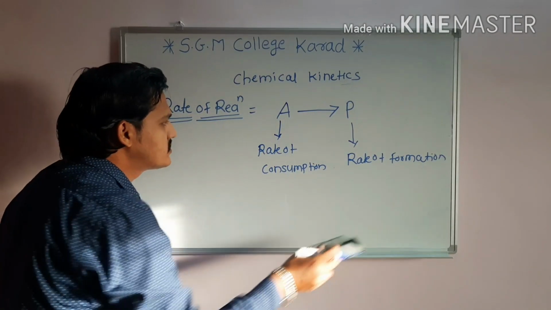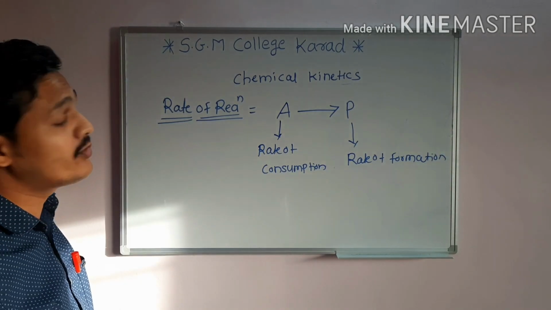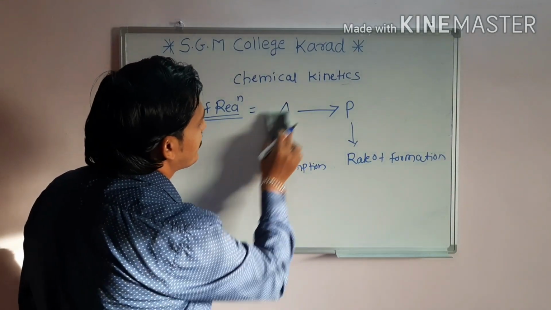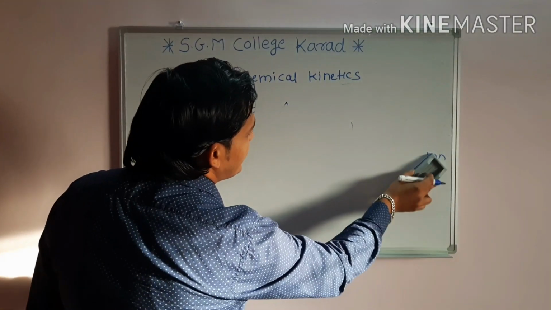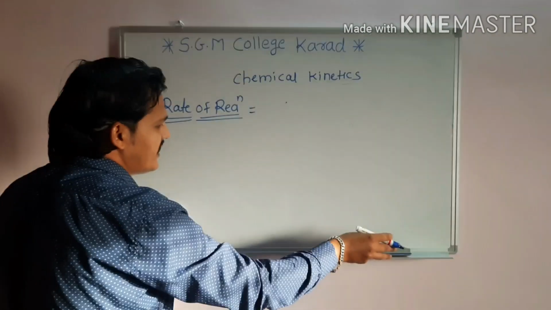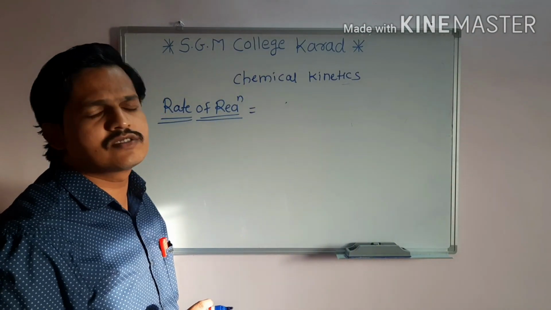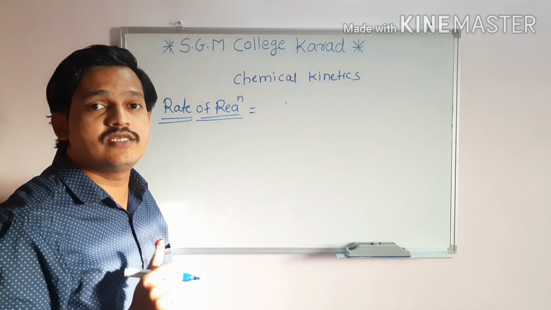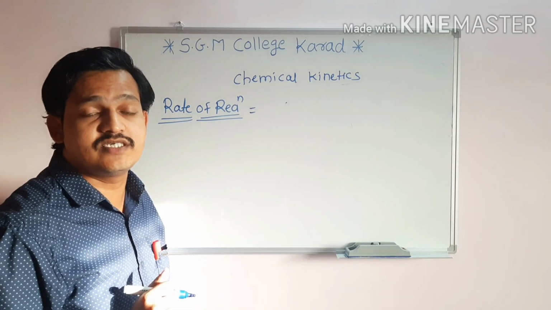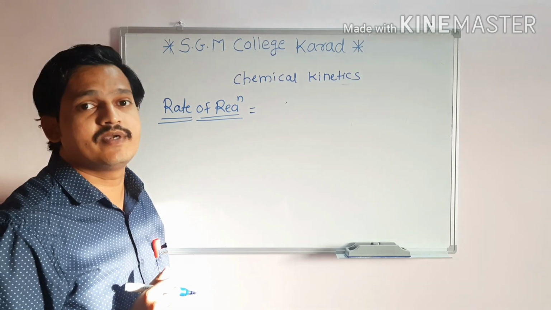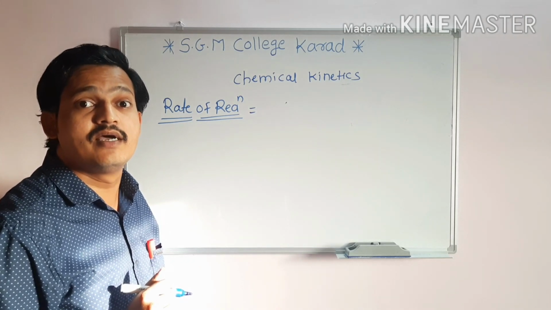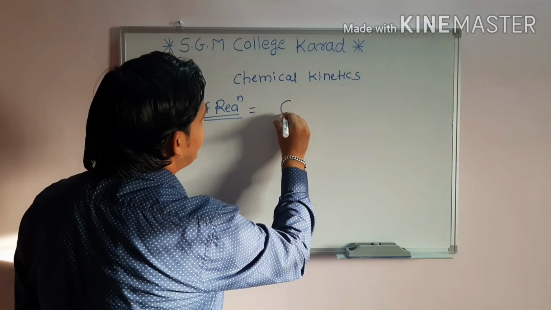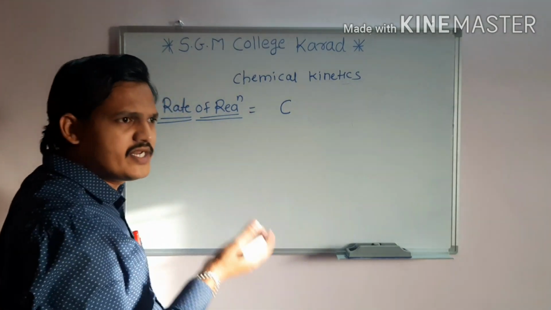Okay, so how to express or how to write rate of chemical reaction? Now let us see the initial definition or general formula of rate of reaction is change in concentration of species with respect to time. Change in concentration of species with respect to time is called as rate of chemical reaction. Now let's see, C is the concentration of reactant.